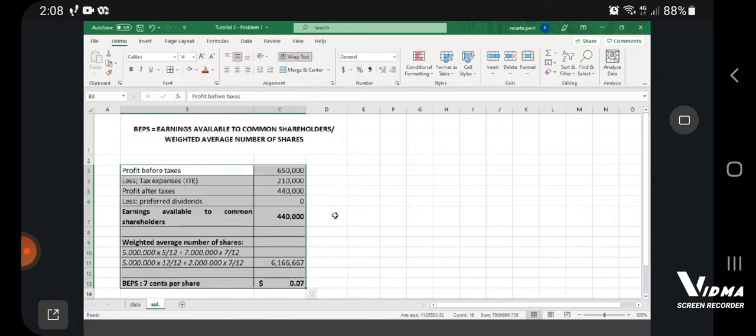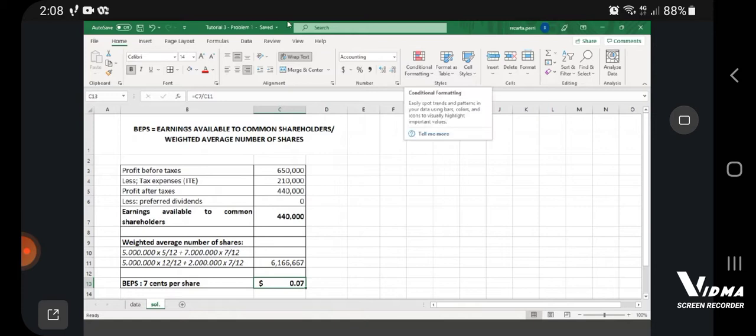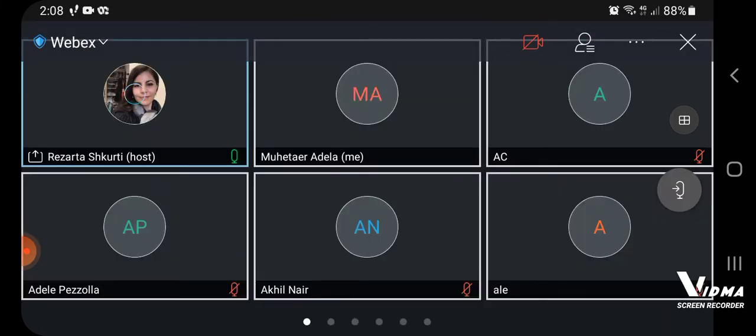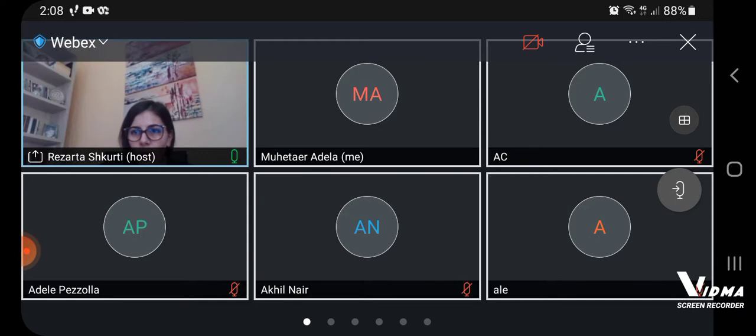Any questions related to this first exercise? This is the first problem that we covered today. Any questions so far? I think this is the easiest, and I'm almost sure that most of you that tried to solve this exercise did not have any problem, I hope.